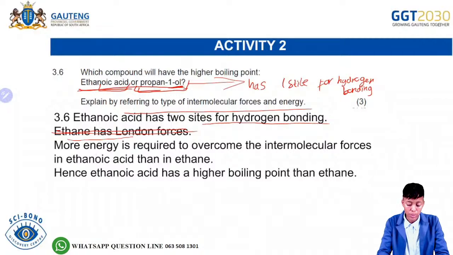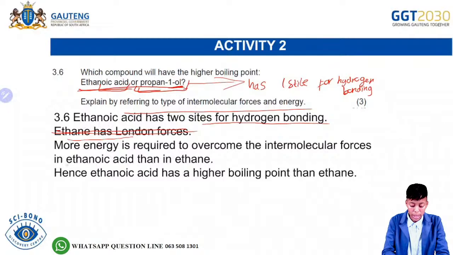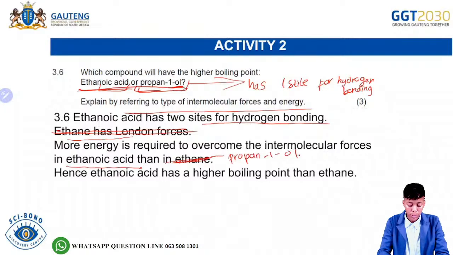Therefore, in terms of energy, more energy is required to overcome the intermolecular forces in the ethanoic acid as compared to the propan-1-ol. Hence ethanoic acid will have a higher boiling point than the propan-1-ol.